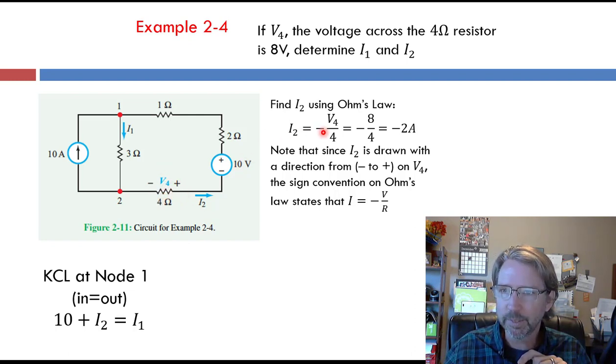So I2 equals negative V4 over R. So negative 2 amps. So we really have 2 amps going from right to left. We've drawn I2 going from left to right, so it's negative 2. We could flip this and change everything, but the proper way to do it is just carry on. It's okay to have a negative current. And once we know I2, then we can go back to this equation and solve for I1.